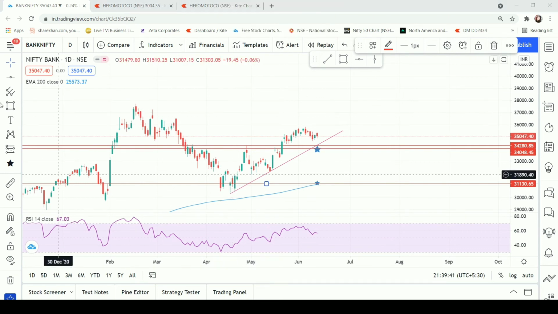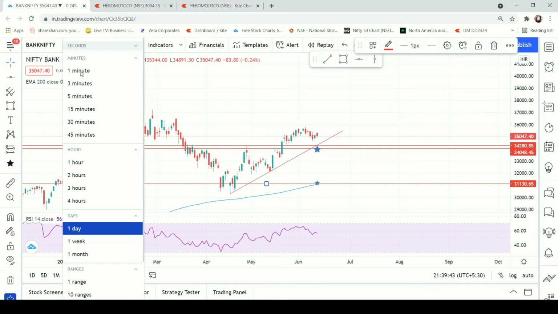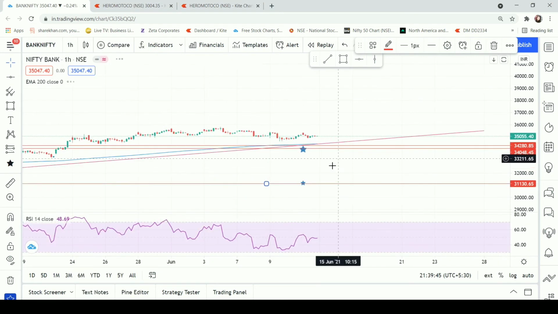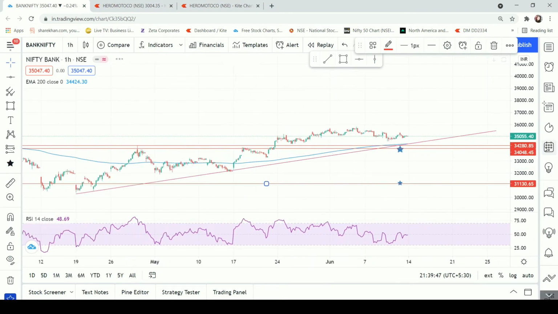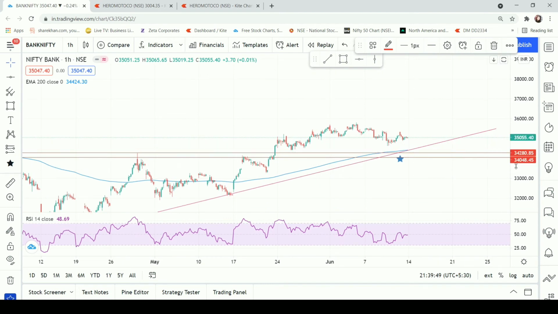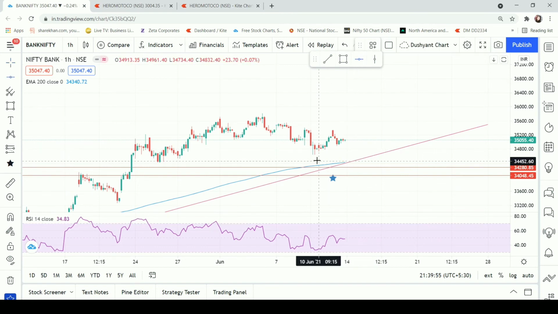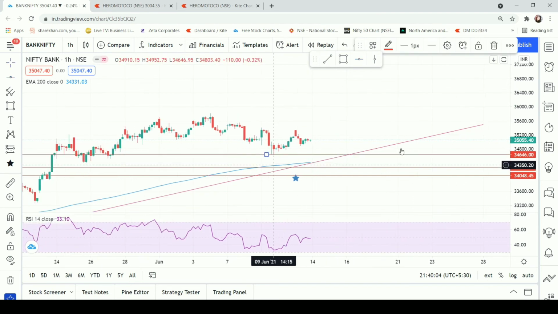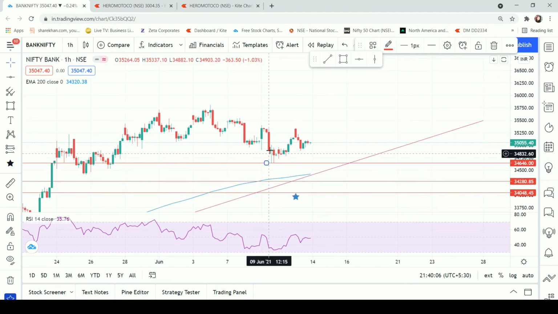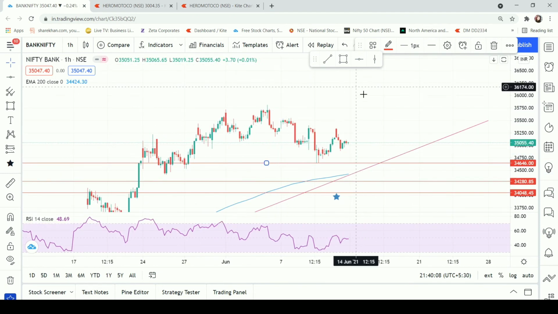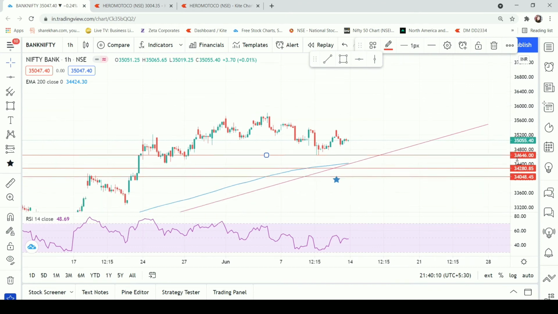So now we will move to the 1 hour time frame, and we'll do the same process. Okay, so this is the support, near support. Okay, and any trend line?